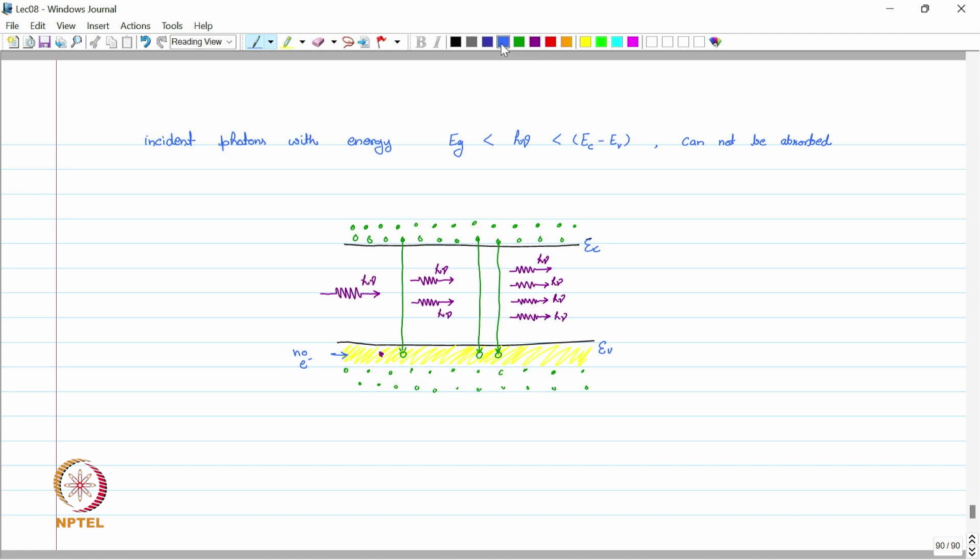So this process is called amplification by stimulated emission.